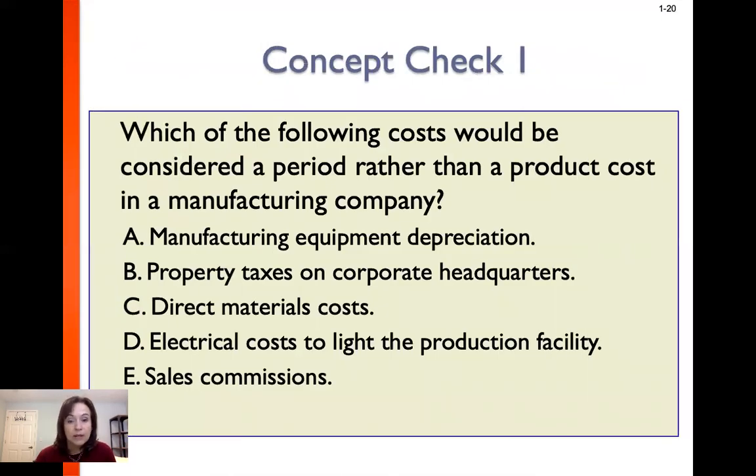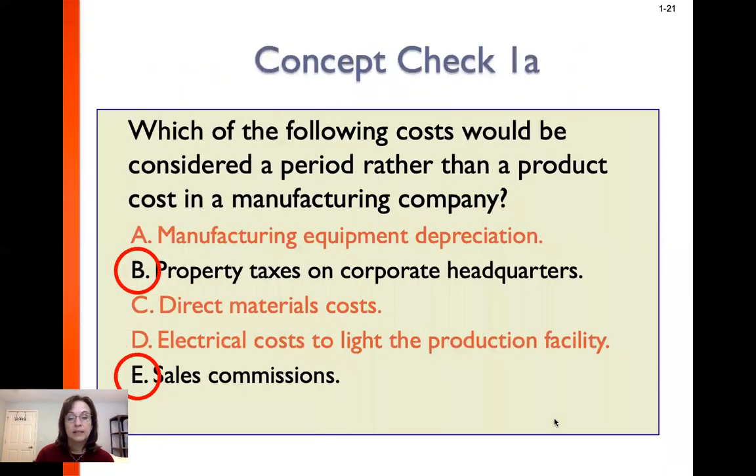And take a look at this one, see what you think. So they want to know which would be considered period rather than product. And going down the list, manufacturing equipment depreciation. So depreciation on equipment in our factory, because it's in the factory, that's going to make it a product cost.